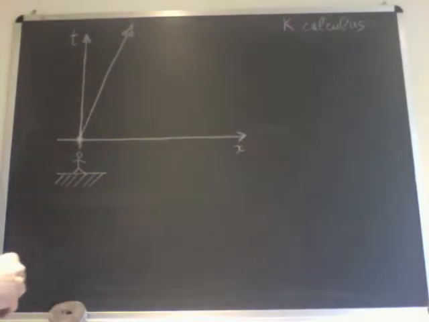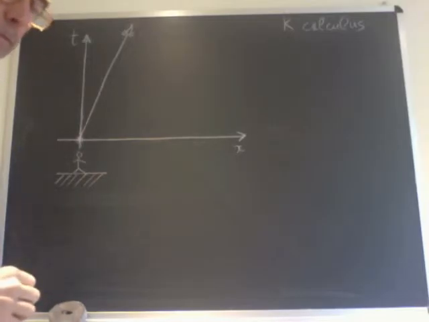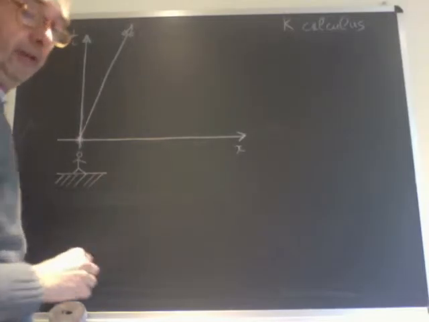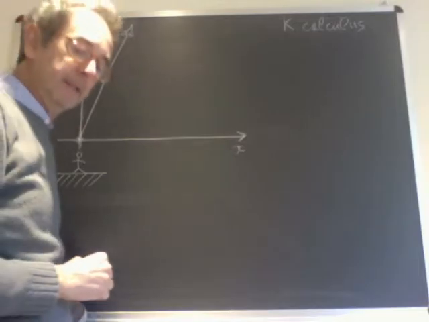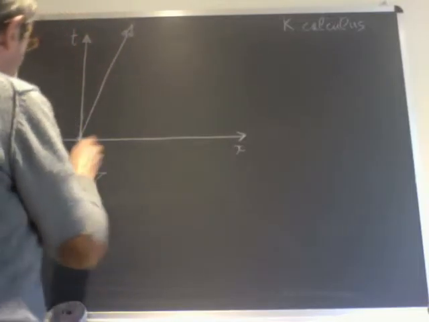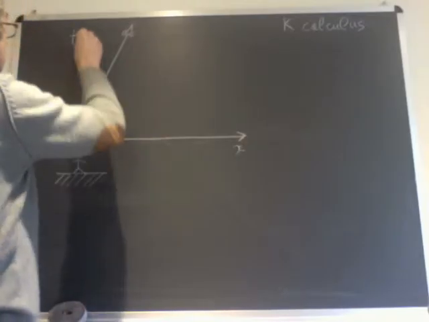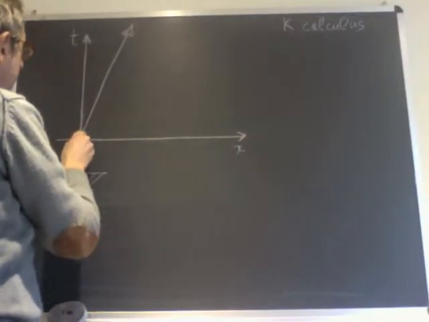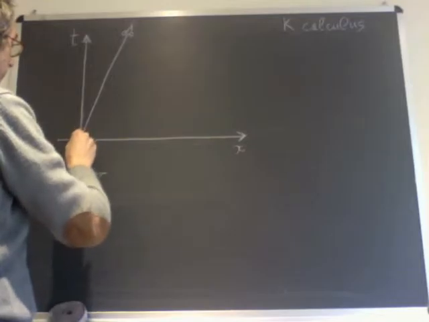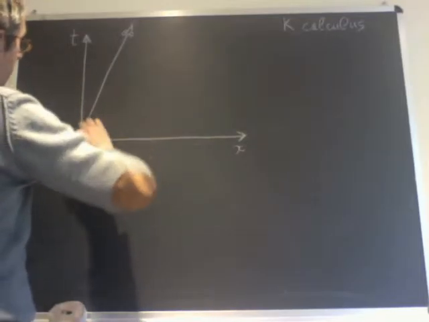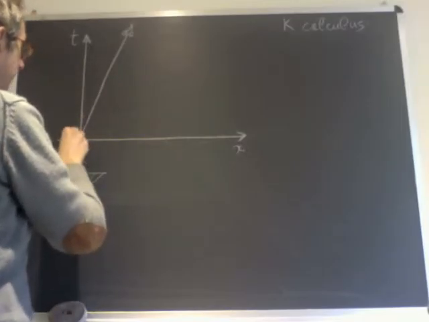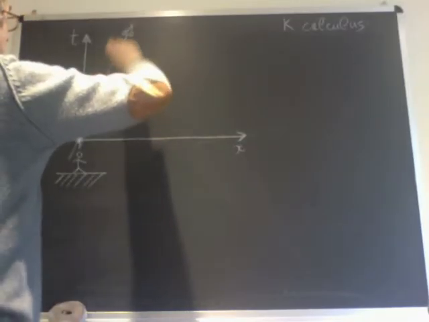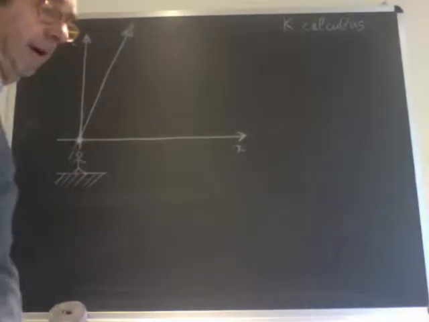Okay. Well, so what can we say? Suppose that at terrestrial time t equals 0, the rocket is passing near the Earth, and then it goes away along the x direction.